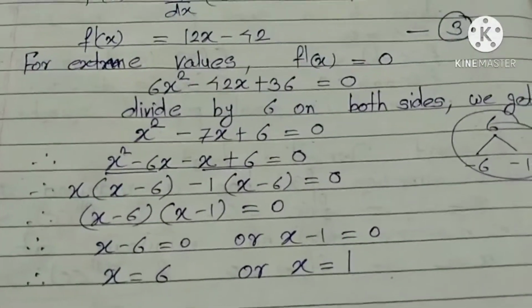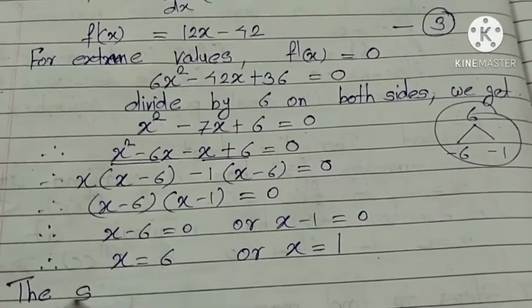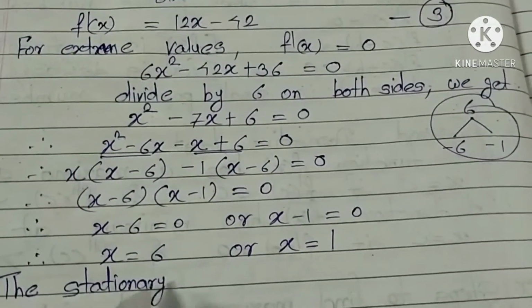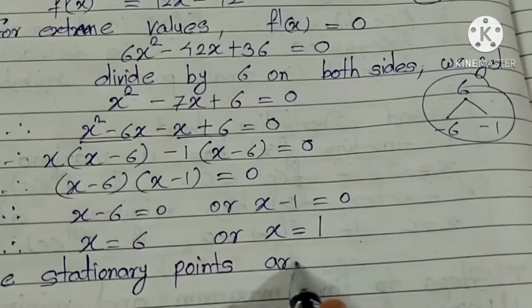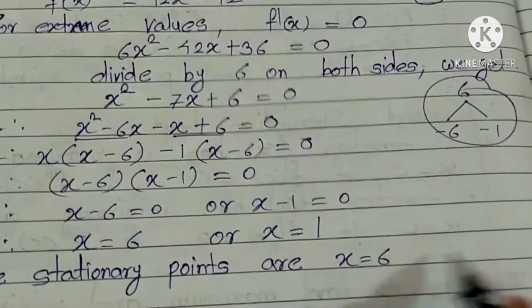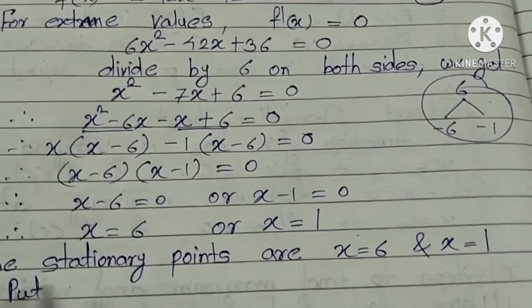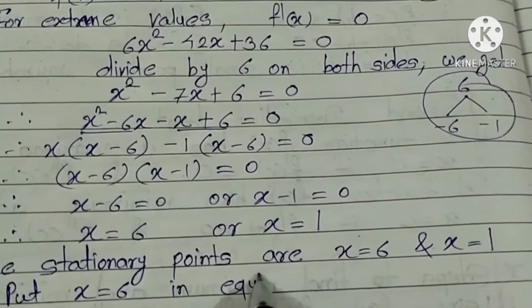So these are the two stationary points. Write the stationary points: x equal to 6 and x equal to 1. Now put x equal to 6 in equation 3.